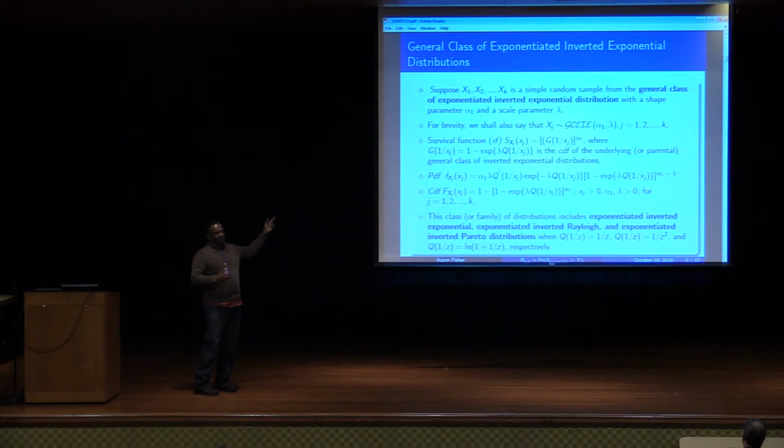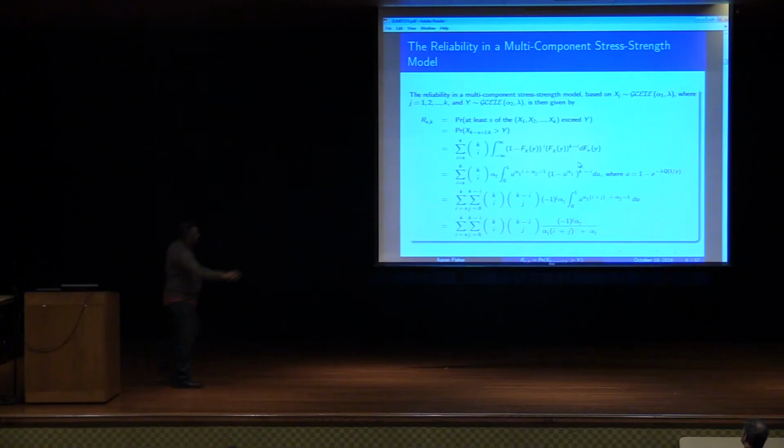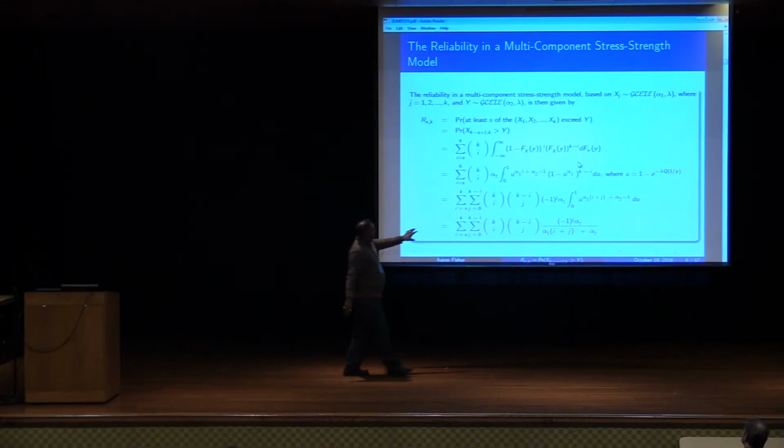This is not a conventional distribution. This is a very heavy distribution: the general class of exponentiated inverted exponential distribution. That's not very conventional, but it's part of the Weibull family. Once you model this, this whole expression would be your reliability at the end of the day.